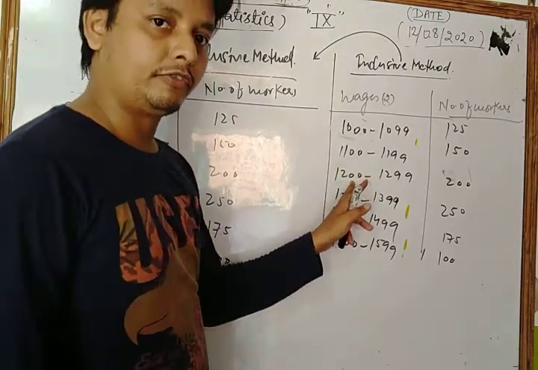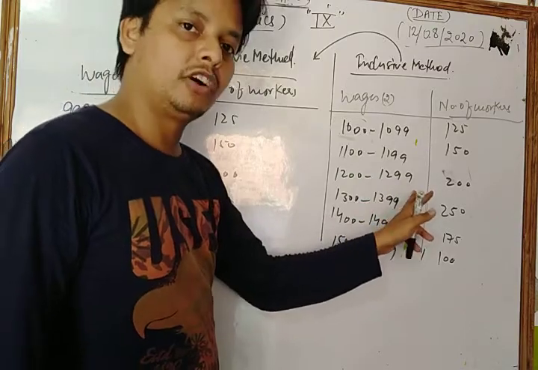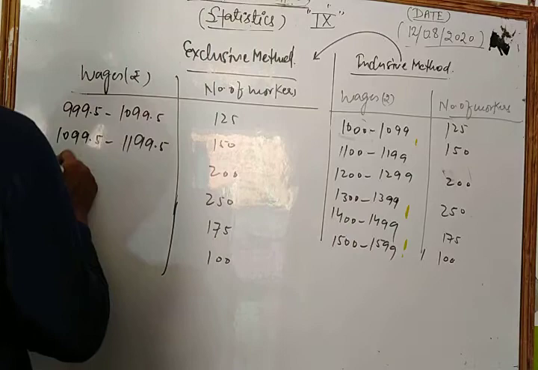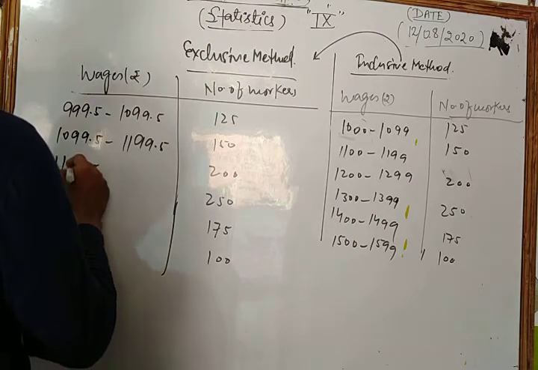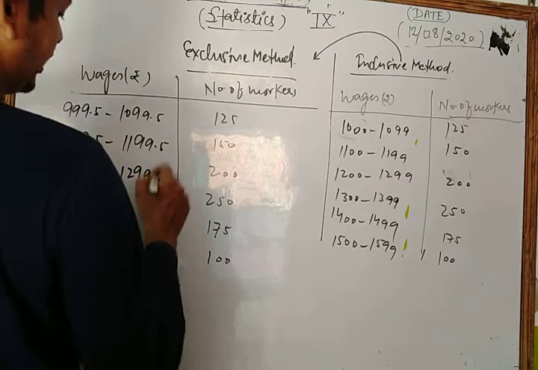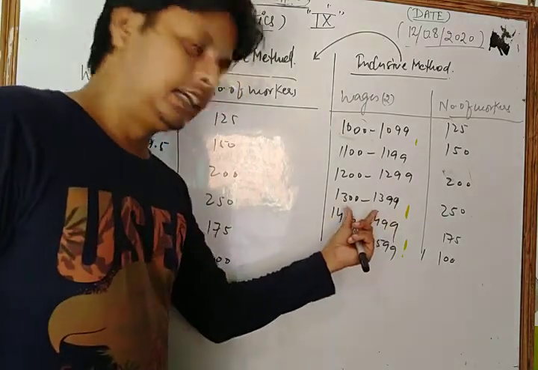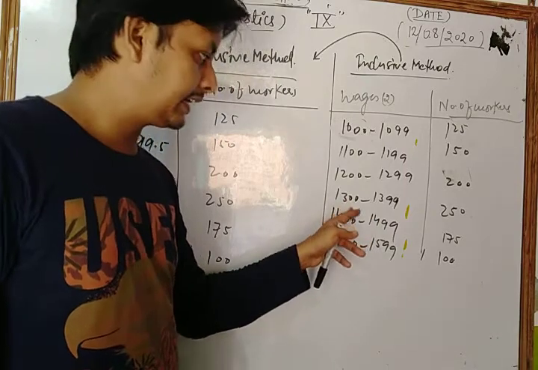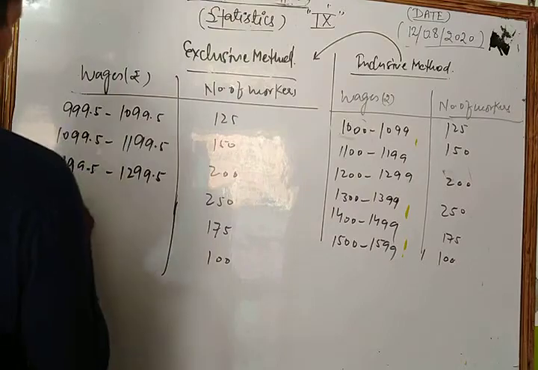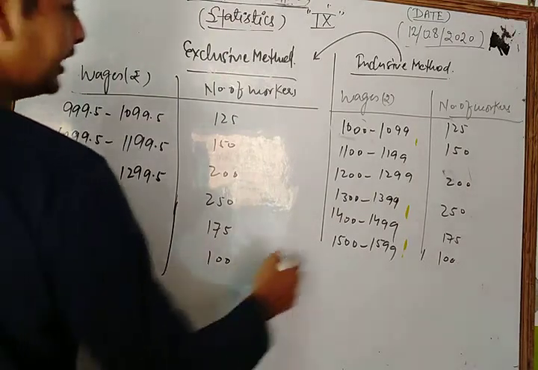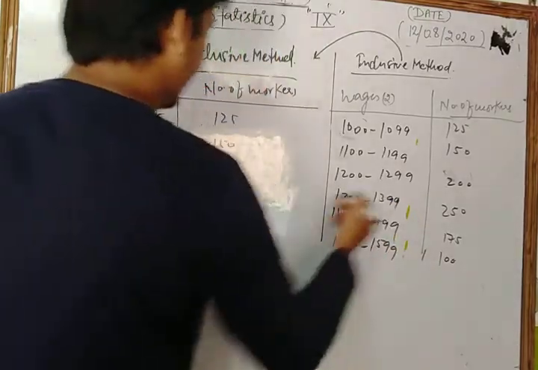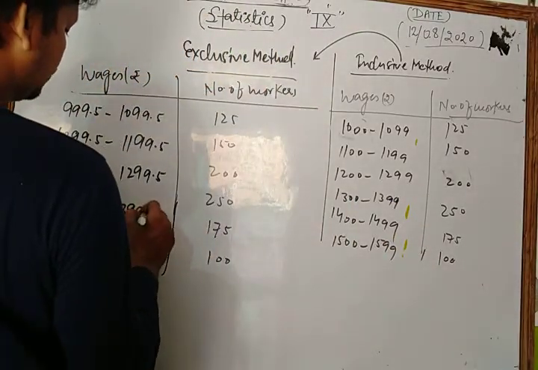Now the same process applies. Here we subtract 0.5 from the lower limit and add 0.5 to the upper limit, so we have 1199.5 and here we add and get 1299.5. Same process for the next class: 0.5 subtracted from 1300 gives 1299.5, and in the upper limit we add 0.5, so we have 1399.5.